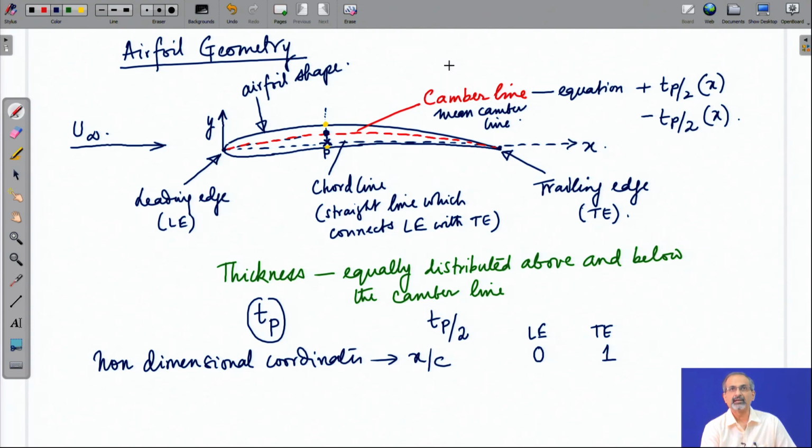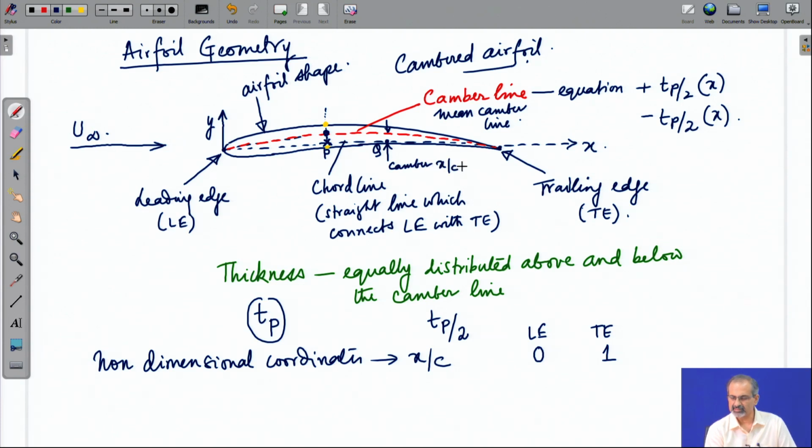Now, airfoils which have a certain amount of camber are called cambered airfoils. At any x by c location, the camber is defined by the difference in the y coordinates between the camber line and the chord line. So, at this particular location, if you define a point q on the chord line, then this is the camber corresponding to the point q, which has a x by c q.